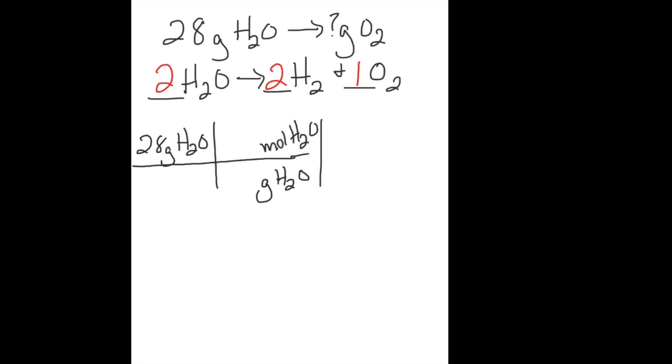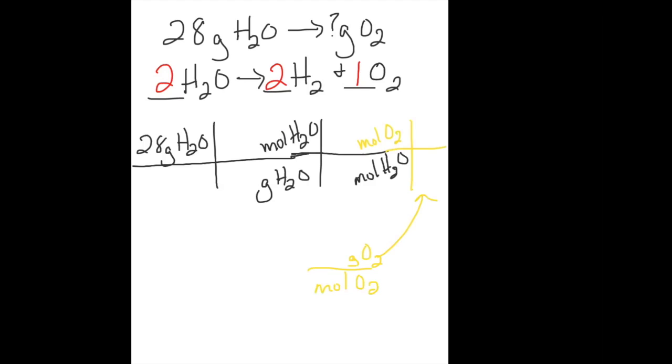Then I'm going to need to cancel out my moles of water and do my mole to mole conversion. Moles of H2O to moles of oxygen. And then, sorry, I ran out of space there. It's going to be moles of oxygen on the bottom and grams of oxygen on the top.